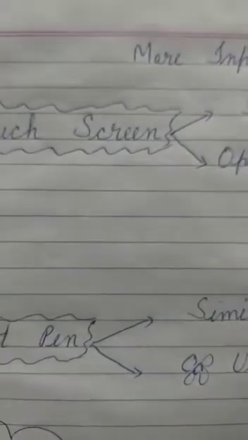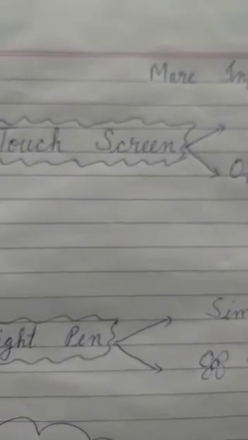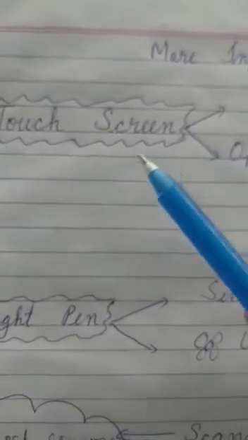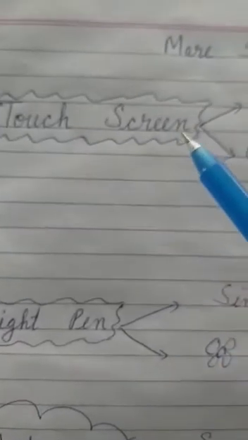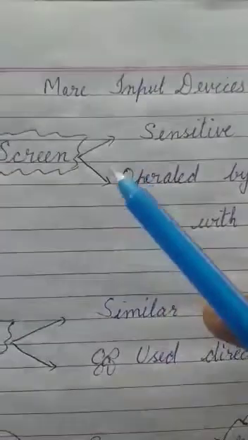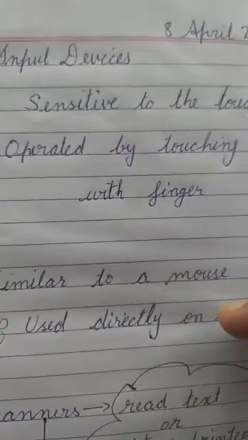And touch screen, the best example you are holding right now in your hand means your cell phone. In cell phone, the screen is touch screen, right? Touch screen is an input device that is sensitive to the touch. You know it.